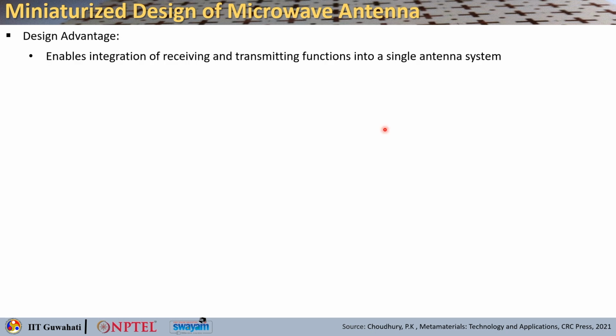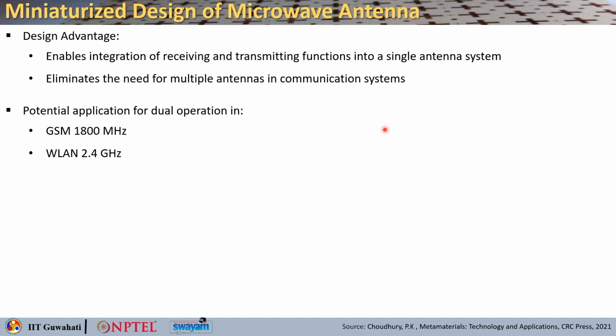So, what are the design advantages of this miniaturized design of microwave antennas? They allow integration of receiving and transmitting functionalities in a single antenna system. They also eliminate the need for multiple antennas in communication systems, and some potential application of such a design could be to avoid the use of multiple antennas.